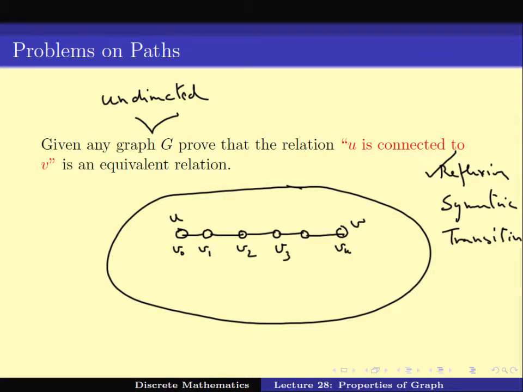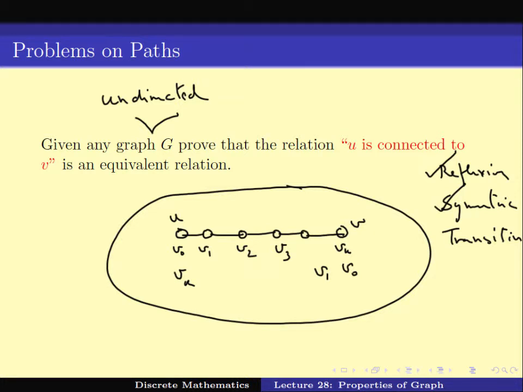Now note that we can also have a path from V to U by renaming this one as V0, the next one as V1, till this one as Vk. So U is connected to V, that means V is connected to U. So it's kind of easy to see that they are symmetric. So symmetric case is also true.